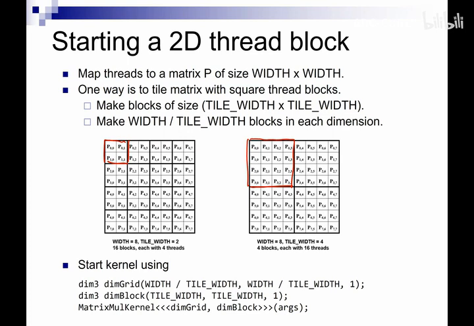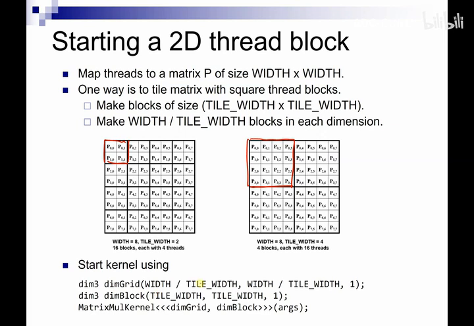And if you use TILE_WIDTH 4 here, then you need two blocks in the x and y directions. Now if you want to call a kernel, previously we saw that you can call the kernel with a 1D block and 1D grid. But what about 2D or 3D? Then what you do is you define this thing called a dim3 grid, this data structure here.